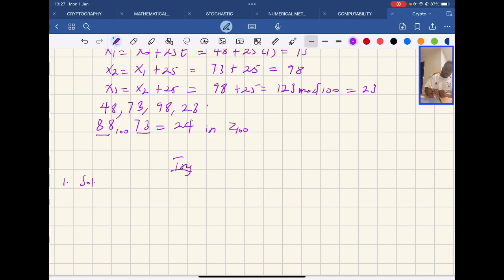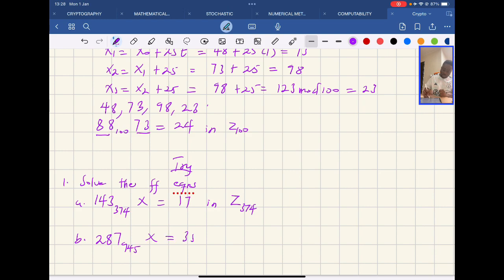1. Solve the following equations. A is 143 x is equal to 17 in Z374. B is 287 x is equal to 35 in Z945.